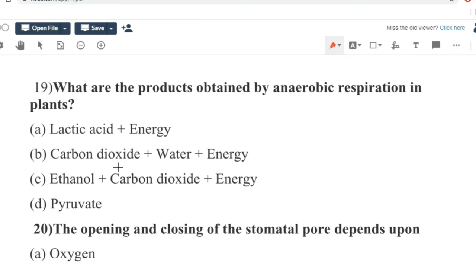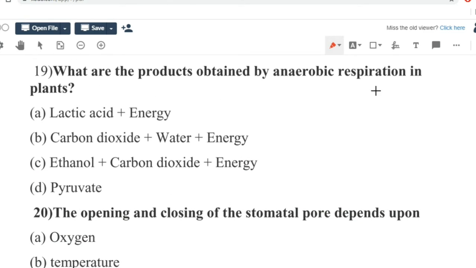So what are the products obtained by anaerobic respiration in plants? Lactic acid and energy is in the muscle cells. Carbon dioxide, water and energy is during the process of photosynthesis. During anaerobic respiration, ethanol, carbon dioxide and energy is released by the plants.